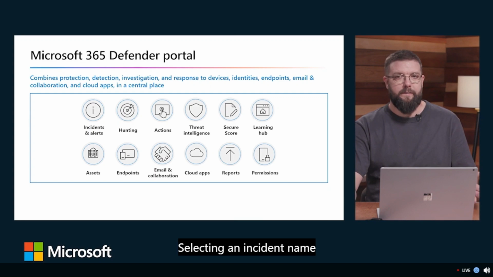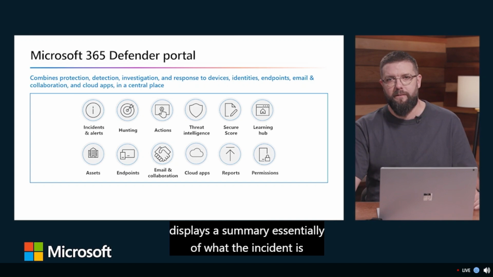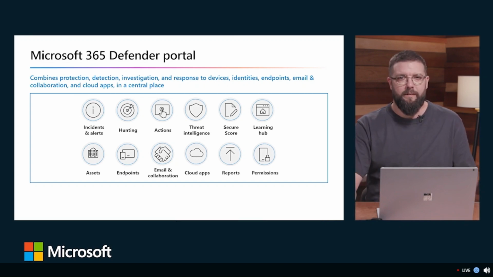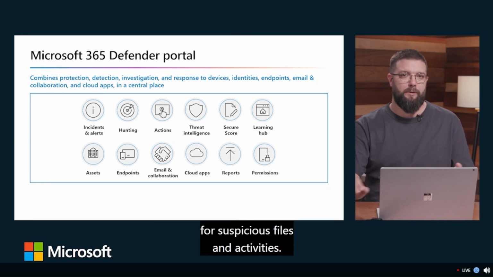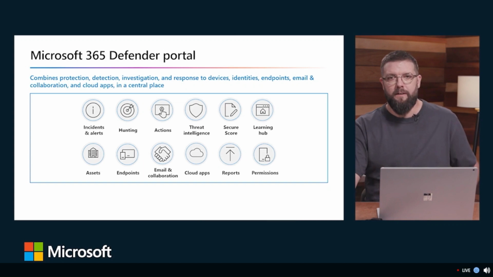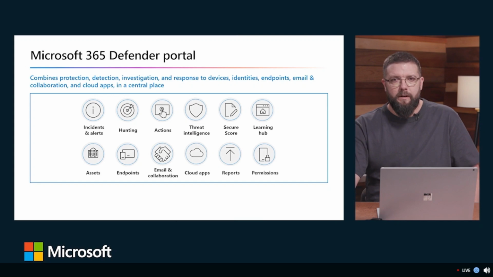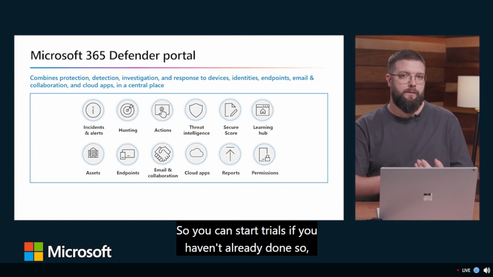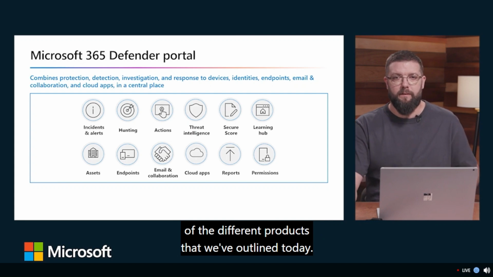So selecting an incident name displays a summary, essentially, of what the incident is and provides access to tabs with additional information. Then you've got the hunting, where you can go and search proactively for suspicious files and activities. There's the threat intelligence aspect as well. Secure Score, Learning Hub, Microsoft 365 trials, so you can start trials if you haven't already done so of the different products that we've kind of outlined today.